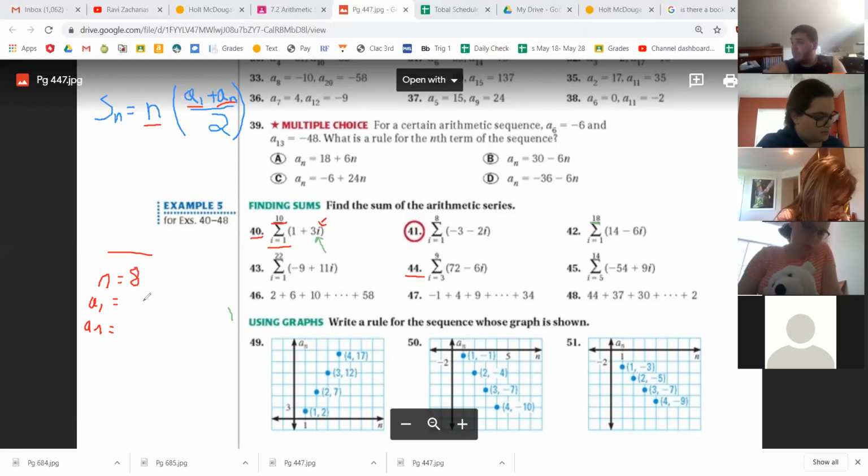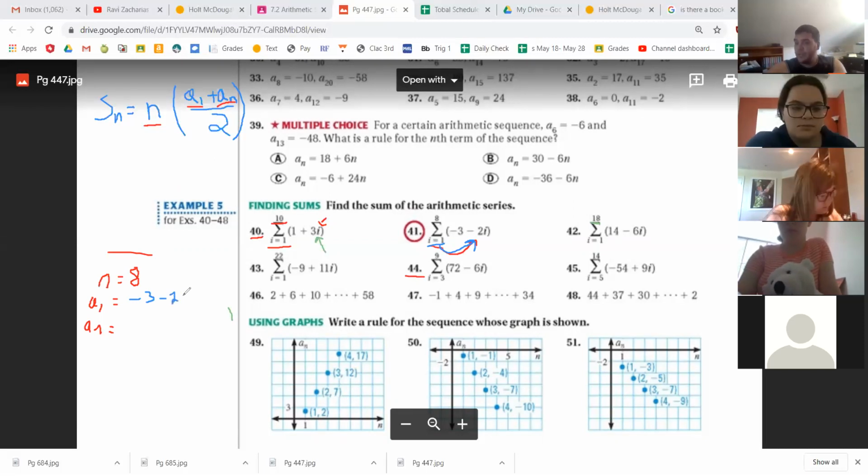So n is 8. We have 8 steps in total, essentially. A1 is going to be, I plug in my first number. So Rafi, when you find A1, you plug in the first number. When you find AN, you plug in the second number, the top number. So A1, I'll do it in blue. A1 is -3 minus 2 times 1, which is just 2. So -3 minus 2.